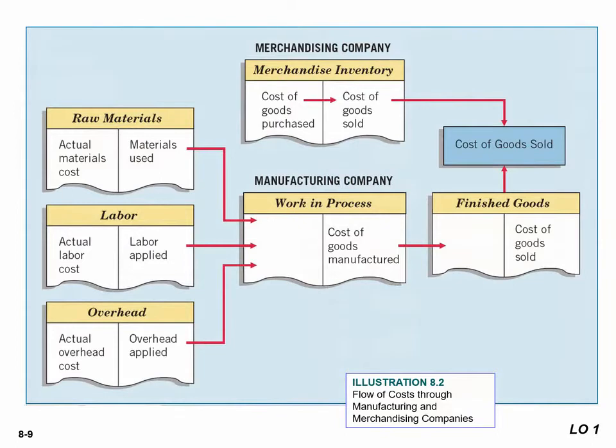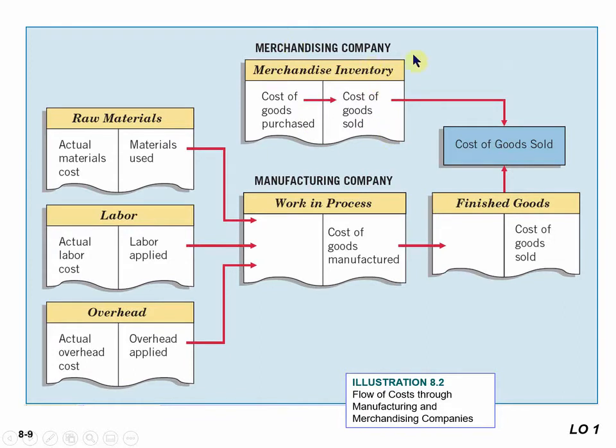Now, let's have a look at the cost flow for these inventories. First of all, a merchandising company has one type of inventory. We call it merchandise inventory. This inventory will be recognized as an asset, in current assets.